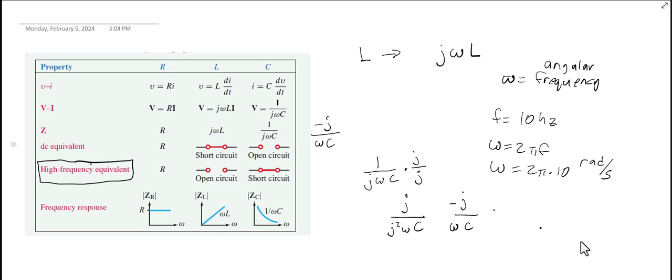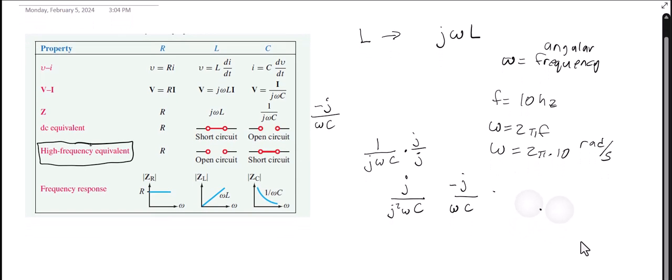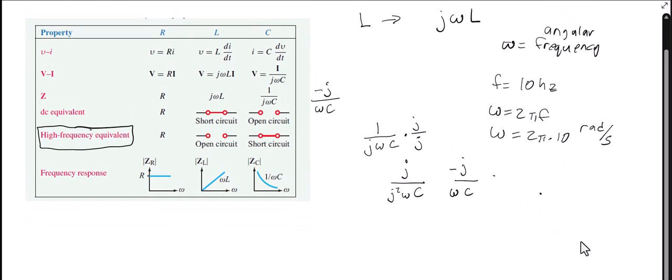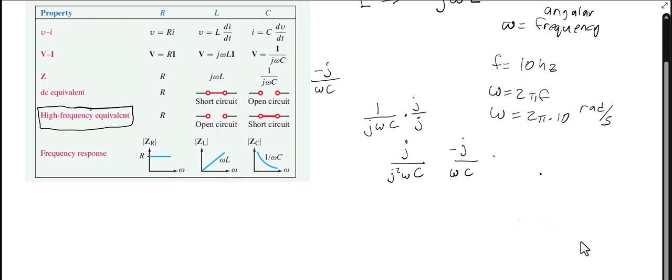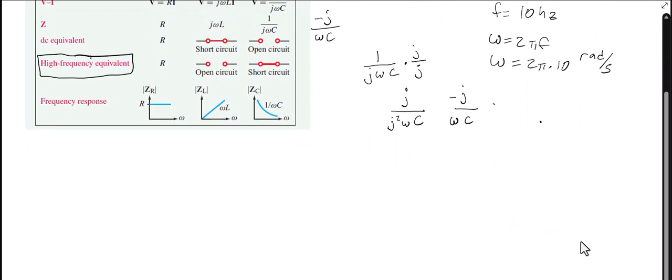And for a capacitor, it's equivalent to the absolute value of 1 over omega c. So as the frequency gets bigger, the value of the impedance from the capacitor, which actually has another name, we'll get to that in a second. Okay, so that's how we're going to change things to put it into the phasor domain.